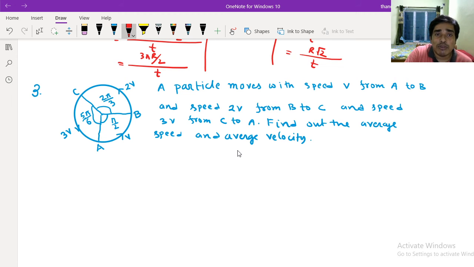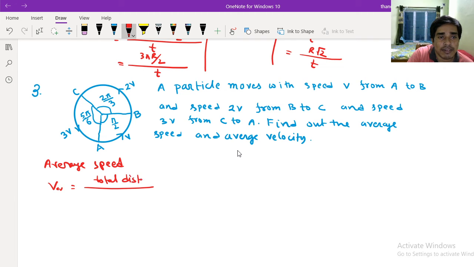You have to calculate average speed. The average velocity will be 0. So average speed will be total distance divided by total time.